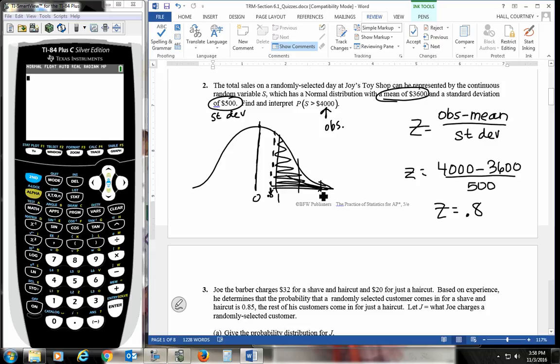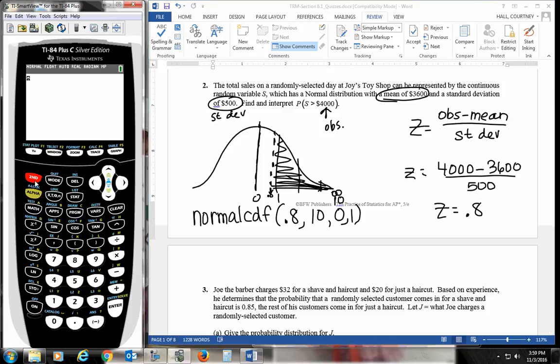So on our calculator, we want to make sure we're going to positive infinity. Remember that we use 10 to represent positive infinity. So on my calculator, I'm going to do the function that we haven't done in a very long time, which is the normal CDF. We're going to have a lower bound of 0.8, an upper bound of 10 representing positive infinity, and we're going to leave the mean at 0 and the standard deviation at 1.